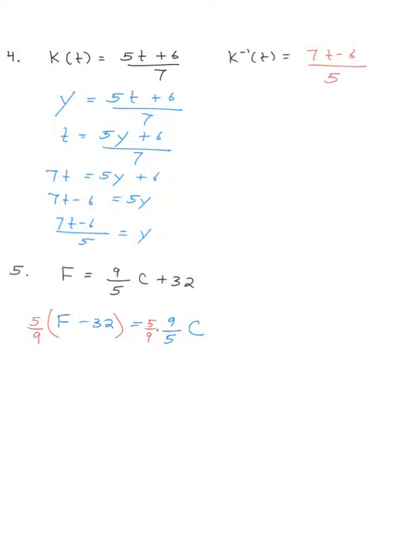And on the left side, I have 5/9 times f minus 32, and that is equal to c. And this is precisely the equation that is present in question 6. c is equal to 5/9 times f minus 32.